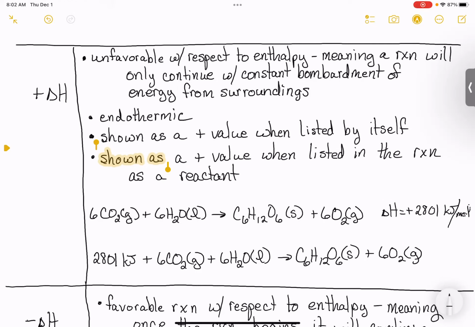So if you list enthalpy by itself, you will list it with a positive value. Now, you can also show enthalpy within the reaction. And if you show enthalpy within the reaction, you would simply list the enthalpy. It will still be a positive value, but it's going to be shown on the reactant side of the equation.